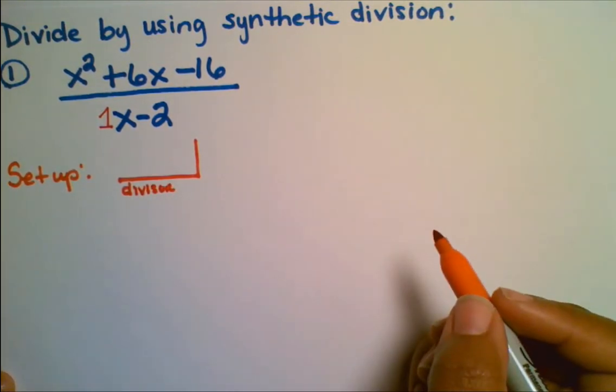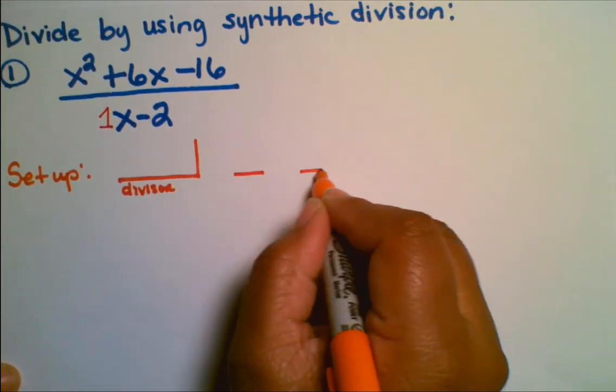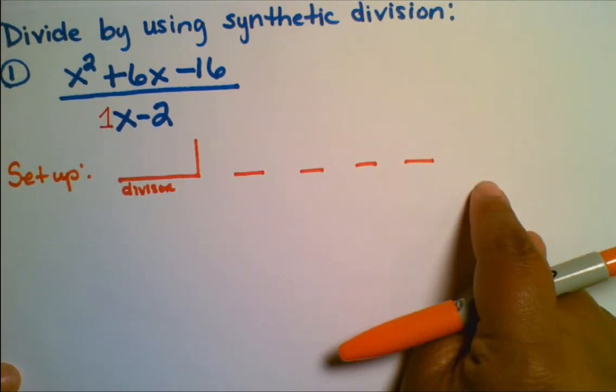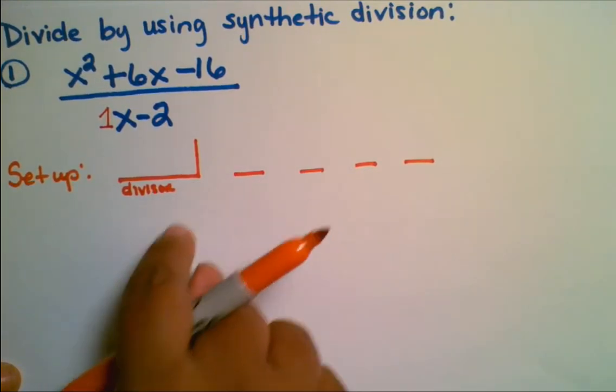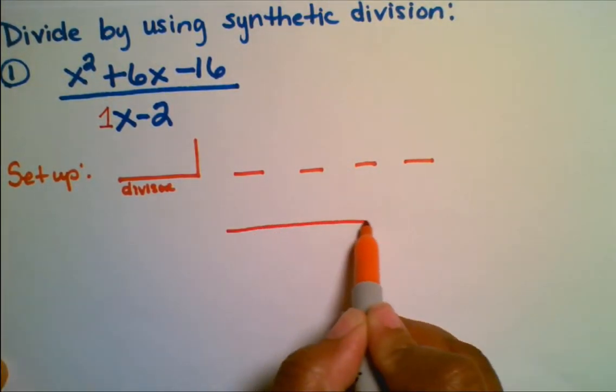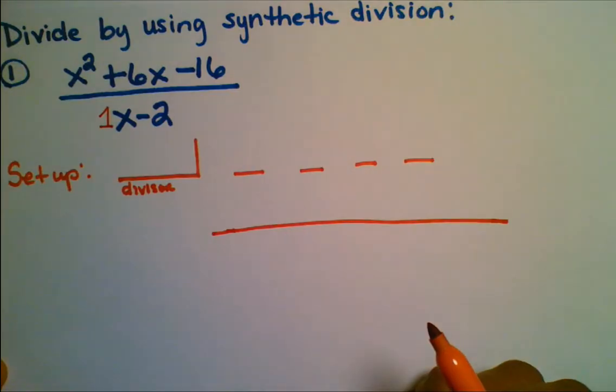That will be your divisor. Then you're going to have a set of coefficients, okay? Because what we're doing, we're taking out the variables and we're going to focus on the coefficients, just the numbers only. Then you have an equals bar.